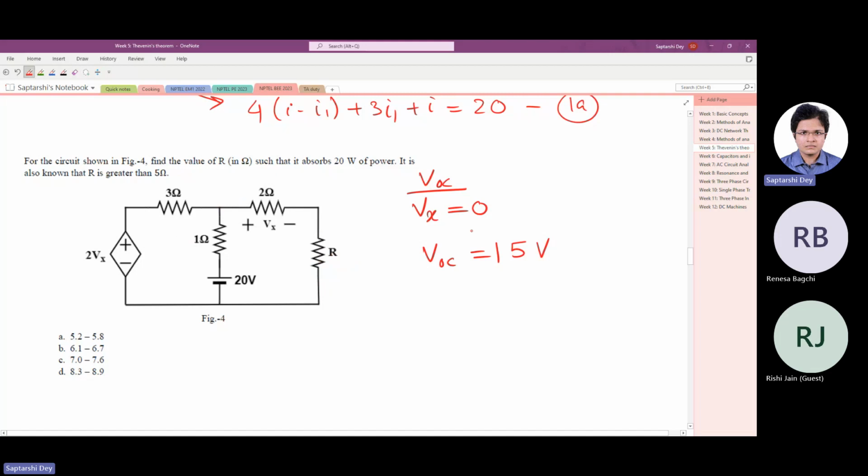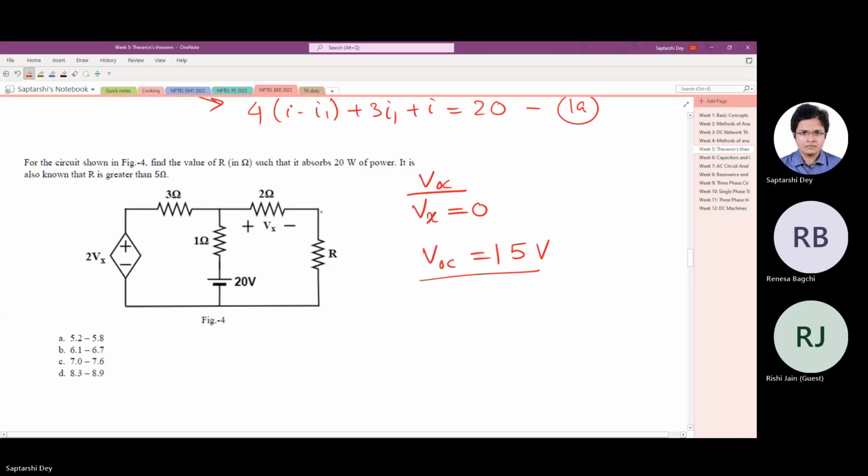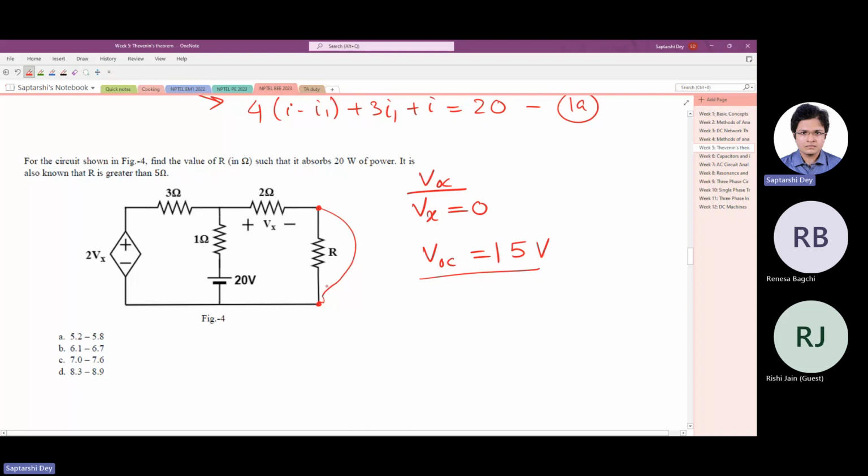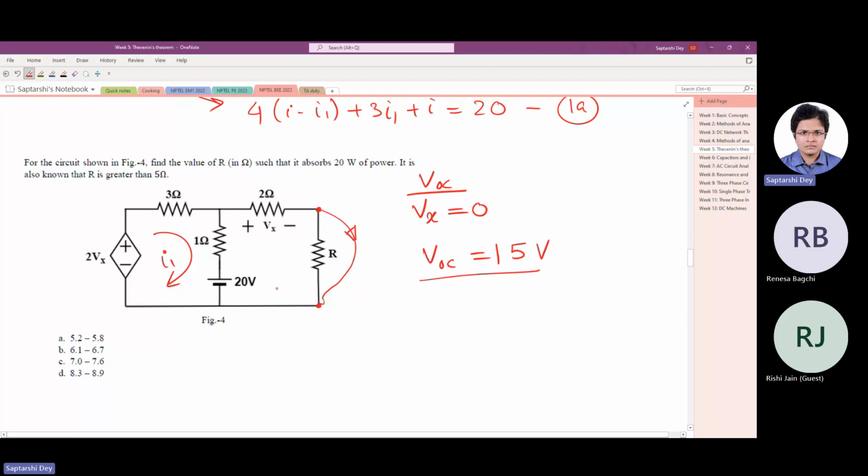Okay, so I think the open circuit voltage calculation is clear. Now we'll do the short circuit. So we short circuit this, and we have to find out how much current is flowing in this path. So it's a simple case of KCL or maybe node equation, we can simply say I1 is flowing and I naught is flowing.